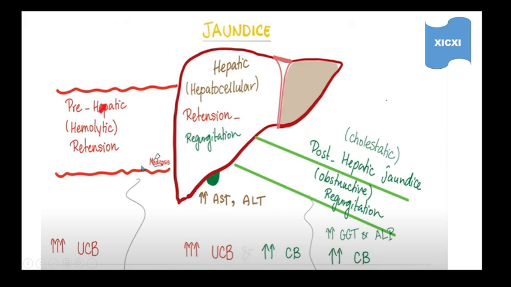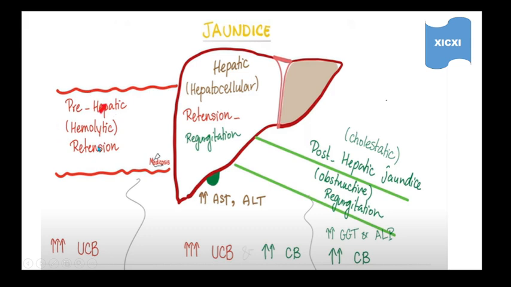First, bilirubin can be increased because of, for example, hemolytic anemia, which is prehepatic. This means the problem causing the increase is not in the liver but in the blood vessels, where our red blood cells are breaking down at a high rate. The liver receives too much bilirubin and exceeds its conjugating capacity.